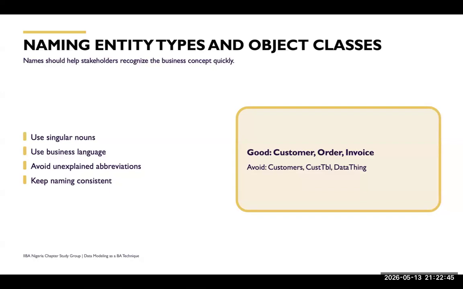To further explain, in naming your entity types, like we've said, you should use a singular noun. A few slides back, we talked about the different types of models or techniques that can be drawn. We talked about entity relationship modeling.